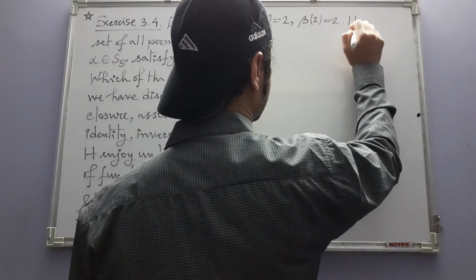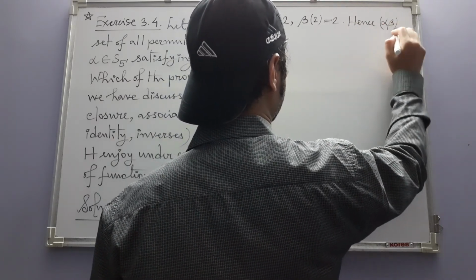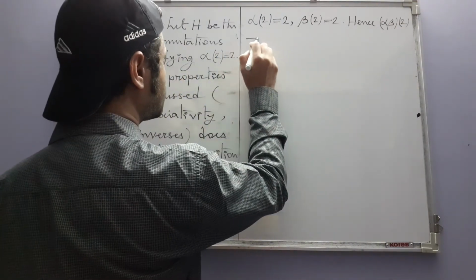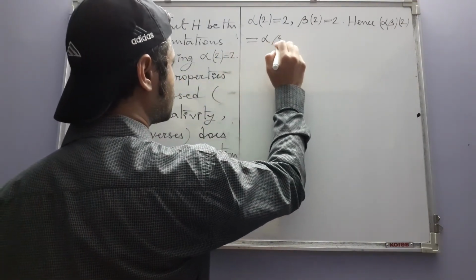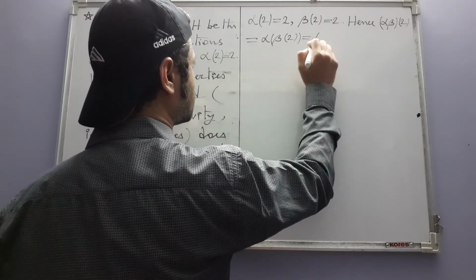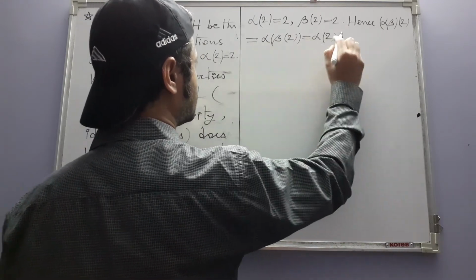Hence, what about the effect of their composition on 2? This is 2 and this one is also 2.